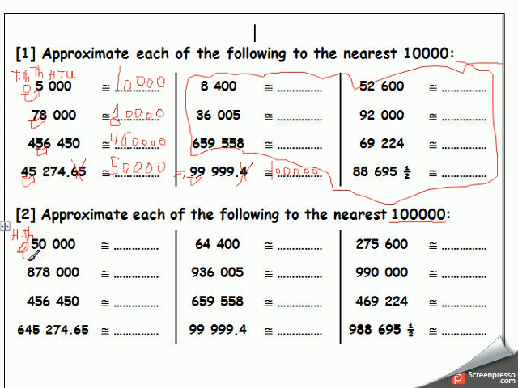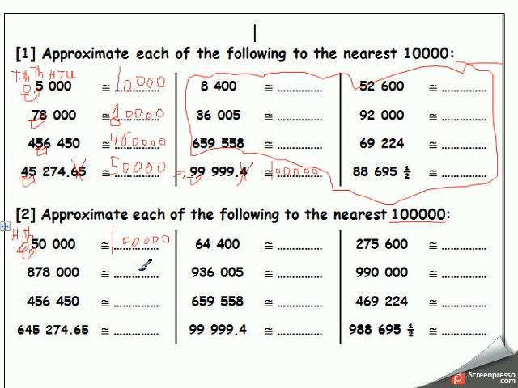After that, I look at the previous digit. The previous digit is strong. What can I do? I replace all digits before 100,000 by zeros. I write 3 zeros as they are. After that, I replace the 0 by 0 and the 5 becomes 0. After that, the 0 increases by 1 and becomes 1. So 50,000, when I approximate it to the nearest 100,000, becomes 100,000.